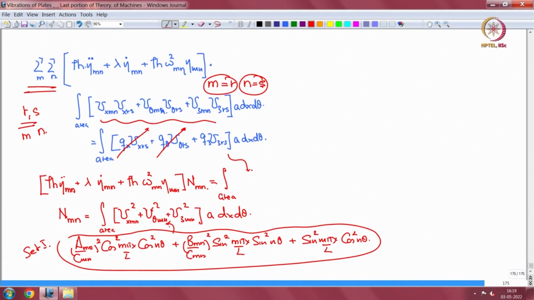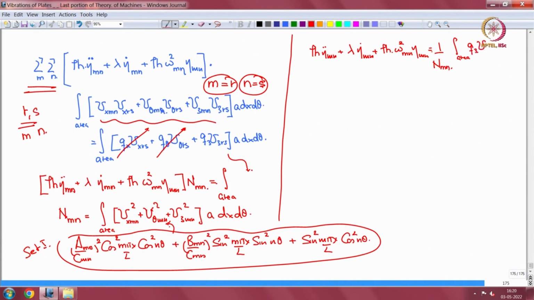So what we will get is rho h N eta mn double dot plus lambda eta mn dot plus rho h omega square mn eta mn is equal to 1 over N mn integral over area q3 into u3 mn a dx d theta. So we are back to what happened with plates.